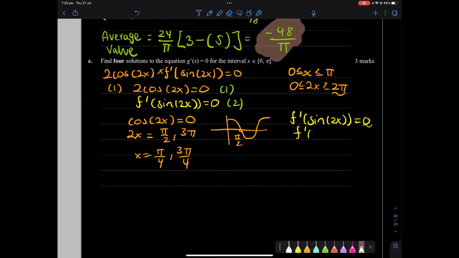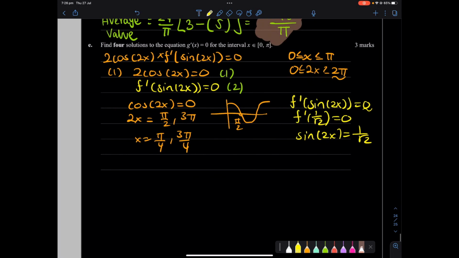So maybe we can just say when it's 1 over root 2, it's equal to 0. So equate the inside of them. It'll be sine 2x equals 1 over root 2.